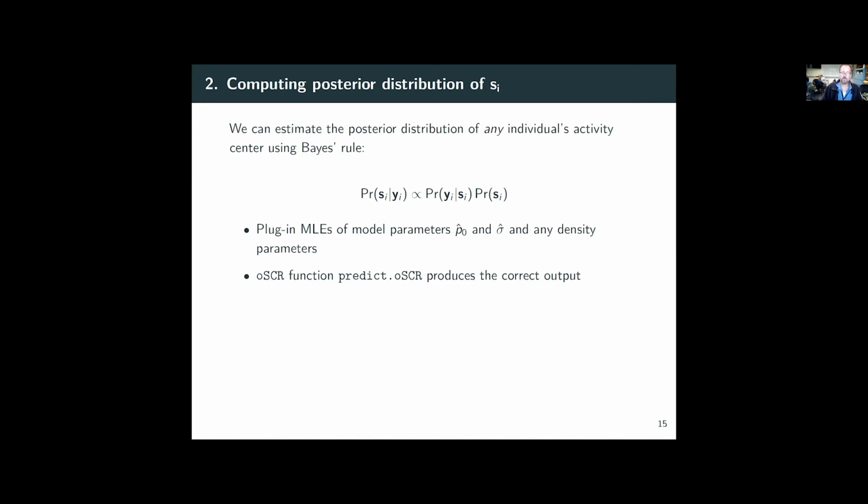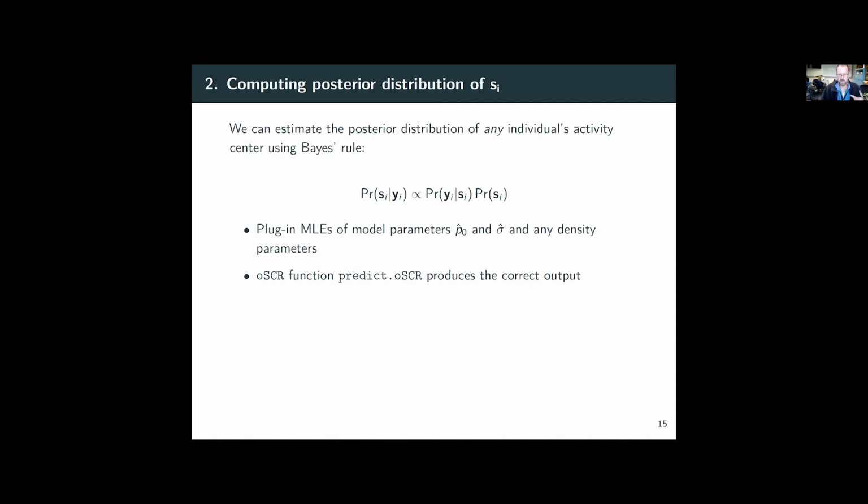But what we can do after we obtain the MLEs of the structural parameters of the model is get an estimate of each of these latent variables using Bayes' rule. We can compute the probability distribution of any given activity center S given the data for that individual, and it's just proportional to the conditional likelihood of an individual's encounter history given its activity center, multiplied by the prior distribution for this random variable S, which is the point process model.